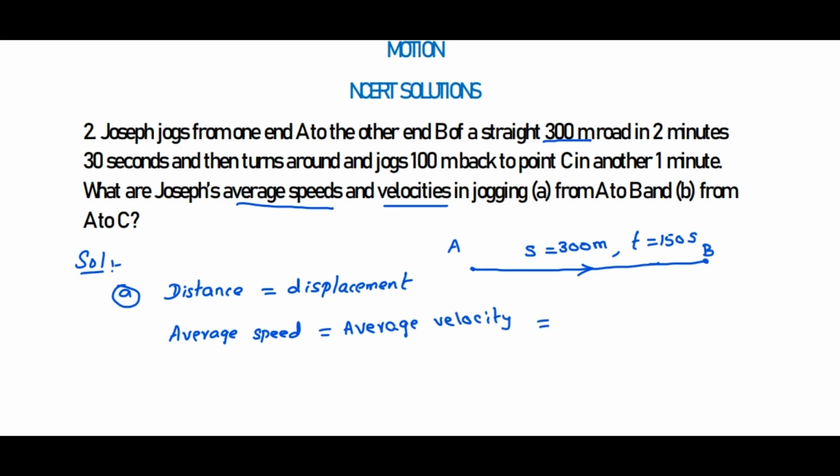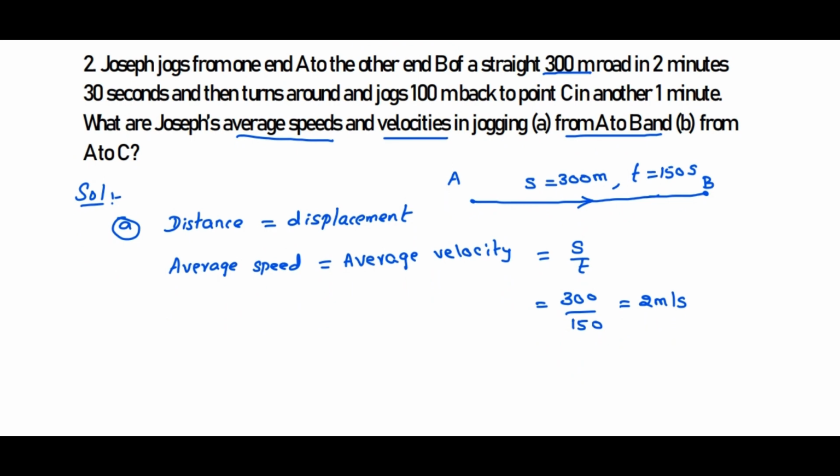That is nothing but S divided by T. S is 300 meter covered within 150 seconds. So this value is nothing but 2 meters per second. So in the first sub-question, from A to B, the average speed and average velocity are both equal, because distance is equal to displacement. Coming to part B.